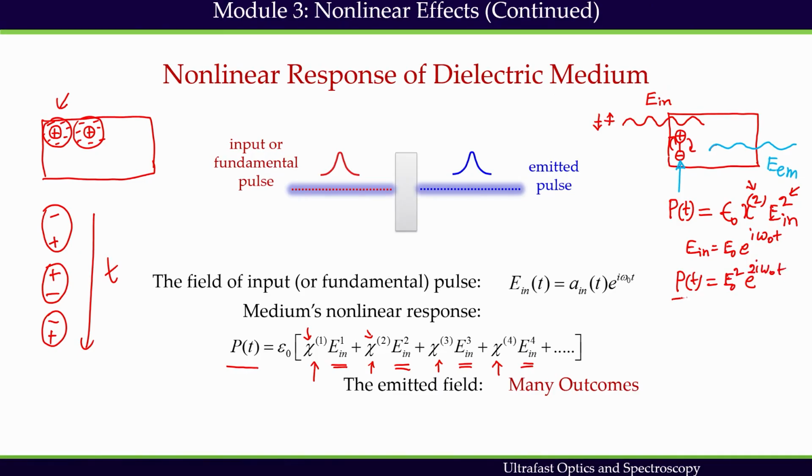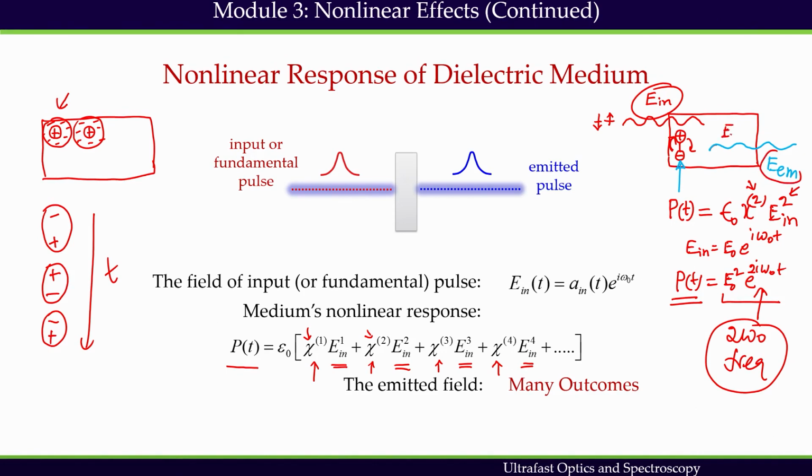So what does it mean? It means that the second order polarization which I create due to propagation of this input beam will also oscillate at 2 omega naught frequency. Omega naught is the angular frequency of the input beam, and the polarization I have created oscillates at 2 omega naught. And we know that the frequency of the dipole oscillation is the same frequency we get for the emitted beam.